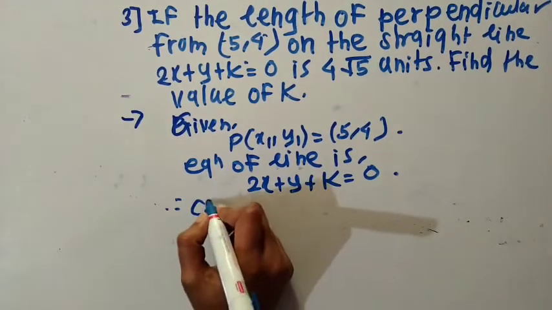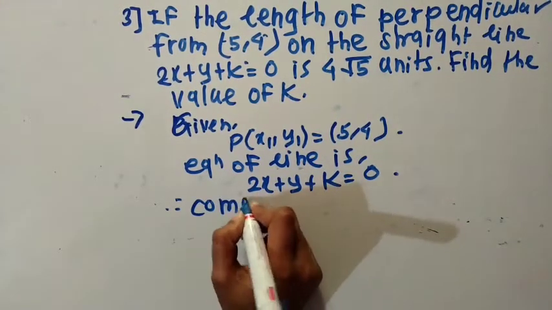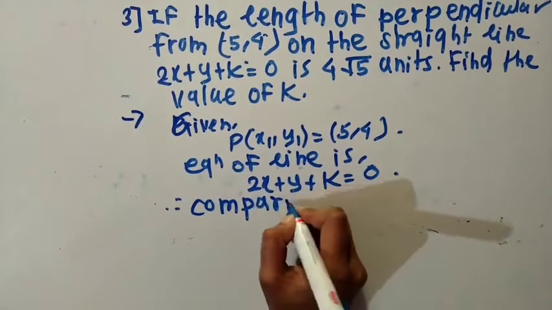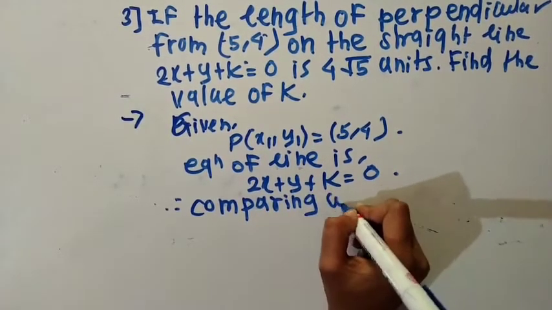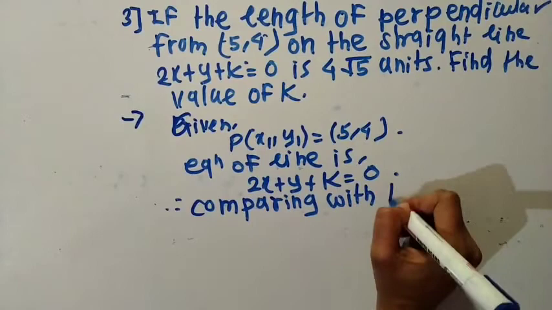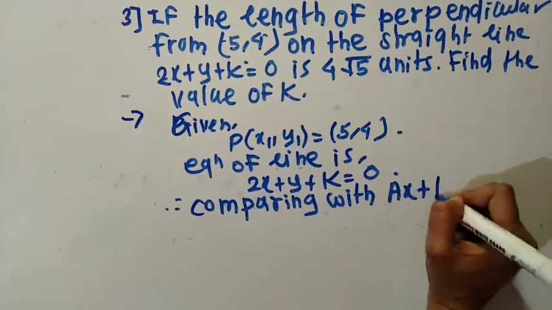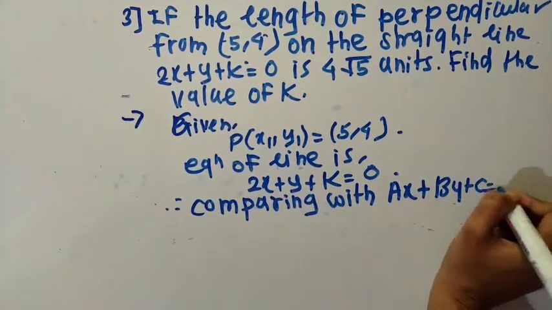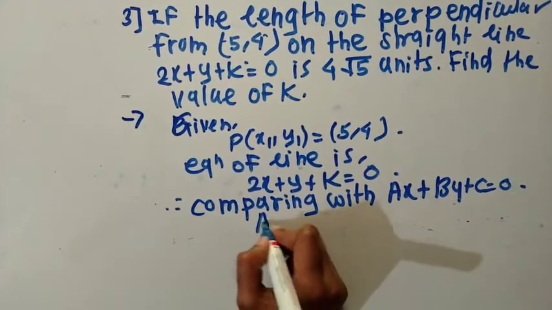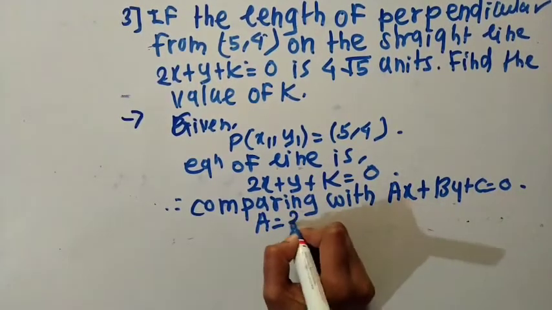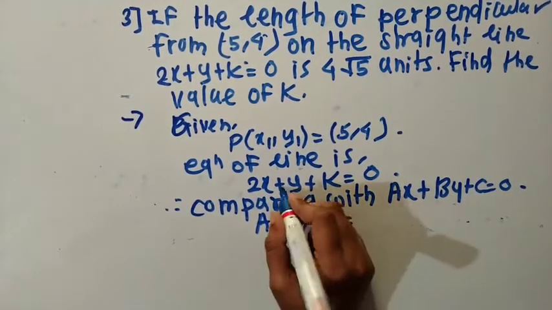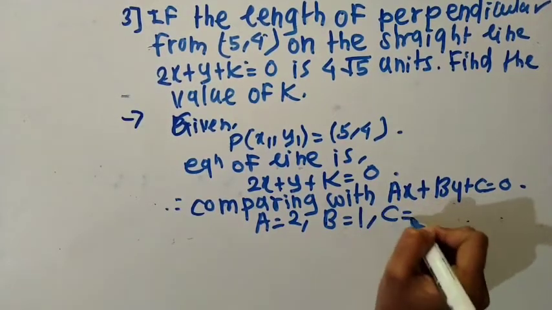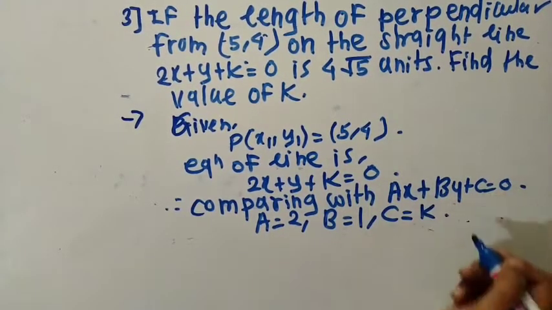Comparing with ax + by + c = 0, we get a = 2, b = 1, and c = k.